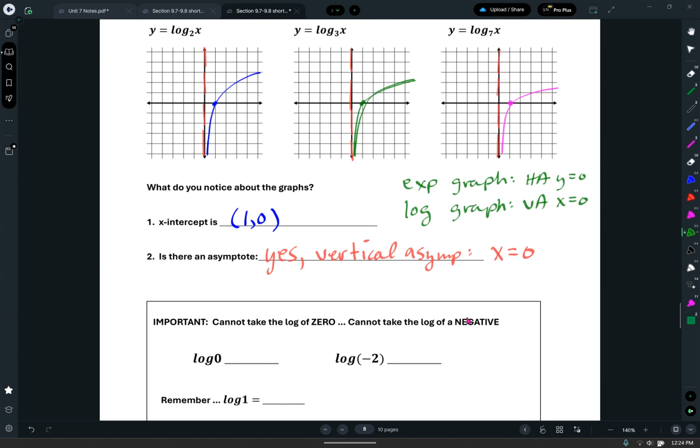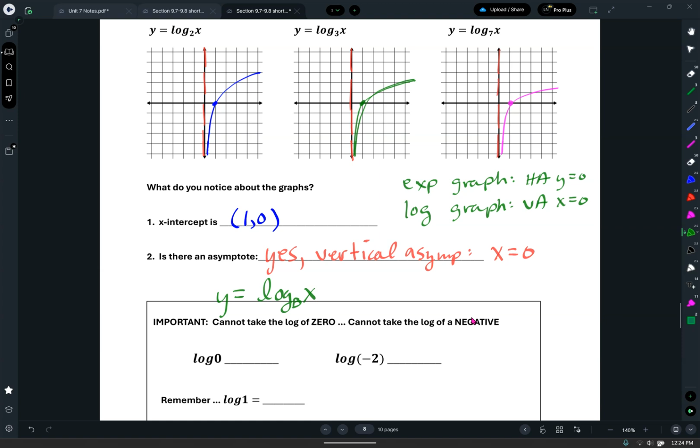And remember, the equation is something like y equals log, whatever the base might be, of x. Notice on these graphs, the x values are always positive. The graph only exists on the right side of the y-axis. The graph never touches the y-axis, which is where x equals 0.